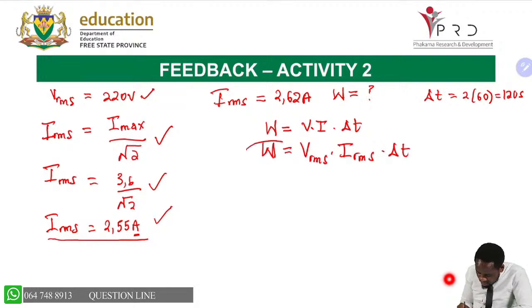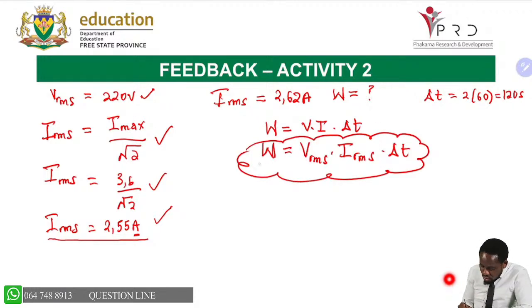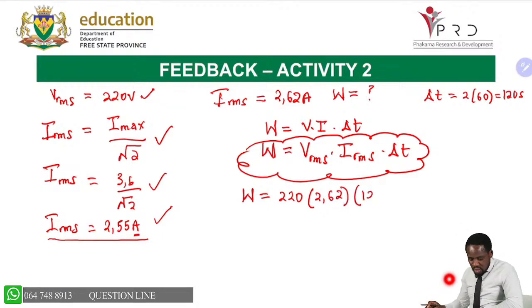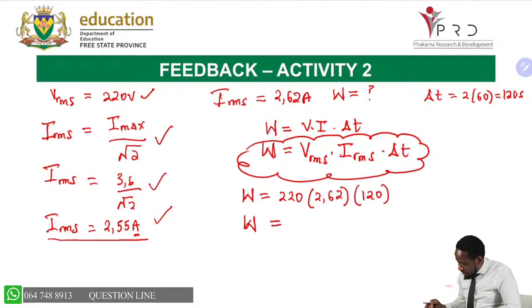So in other words, this is the formula that we're interested in. So W is equal to 220 multiplied by 2.62 multiplied by 120. Energy or work done will be in joules. So it's 220 multiplied by 2.62 multiplied by the time, which is 120 seconds.